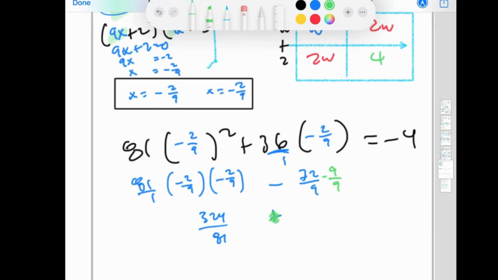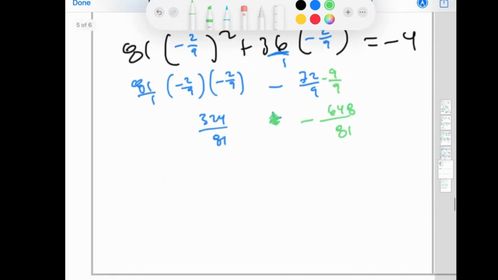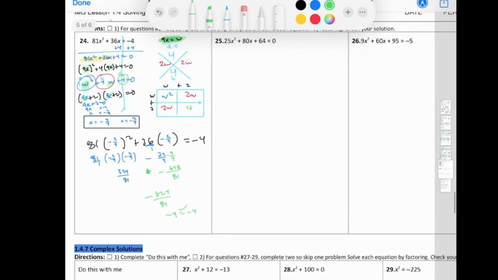It's supposed to be a negative. So 324 minus 648. This gives me negative 324 over 81. So divide my answer by 81 and get negative 4. Woo!